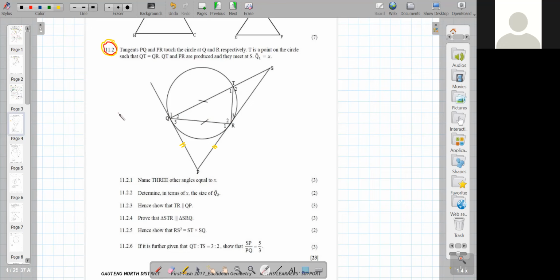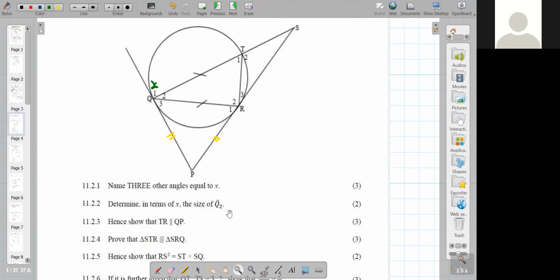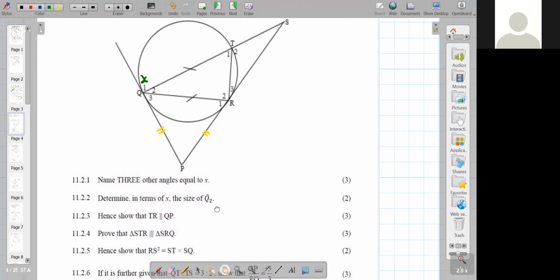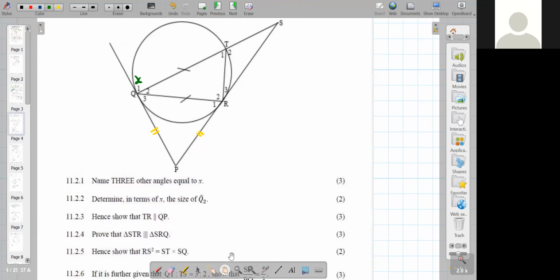And then Q1 is X. So that information is given. Let's just write here, it is X. Is that all we can have? These are the tangents, those two equal. Yeah, that's fine. So I can just zoom in on the question and not worry about the rest. Okay, so that's my question. Let's go through it quickly.